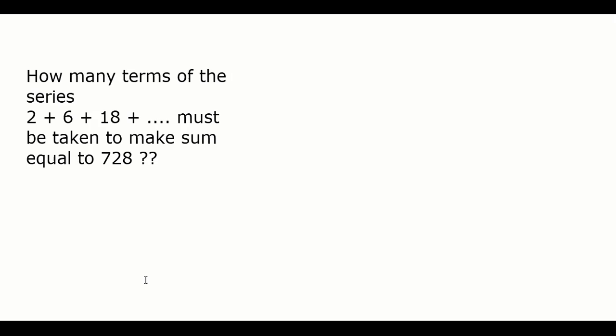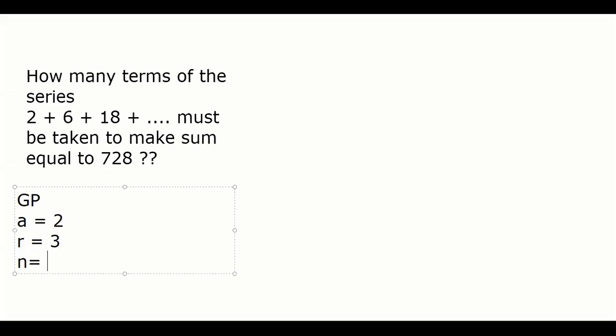Everyone, is it GP or not a GP? Yes, sir. GP, sir. It is a GP. So it's a GP. What is A? 2. What is R? 3. Right? Guys, don't worry about this plus. This plus means sum we are taking. So don't worry. The GP is 2, 6, 18, right? So A is 2, R is 3.